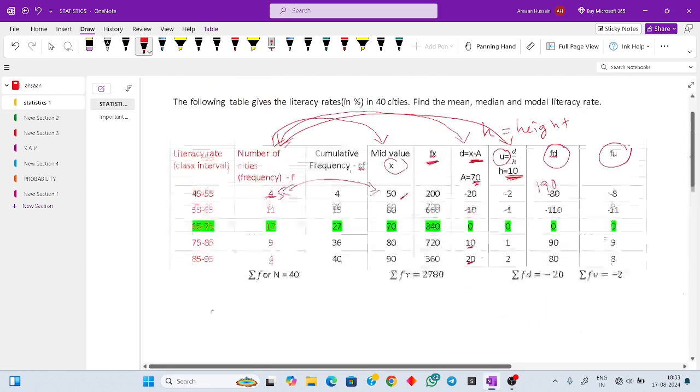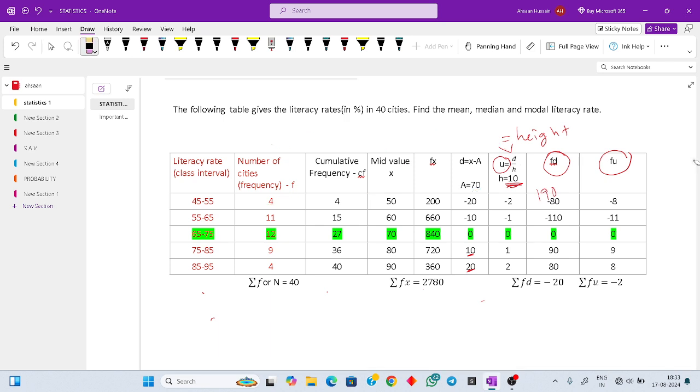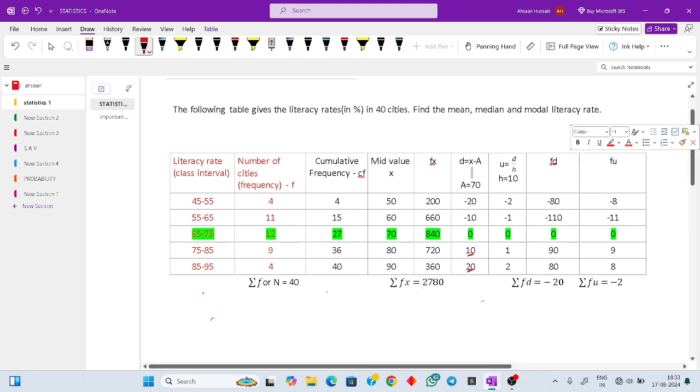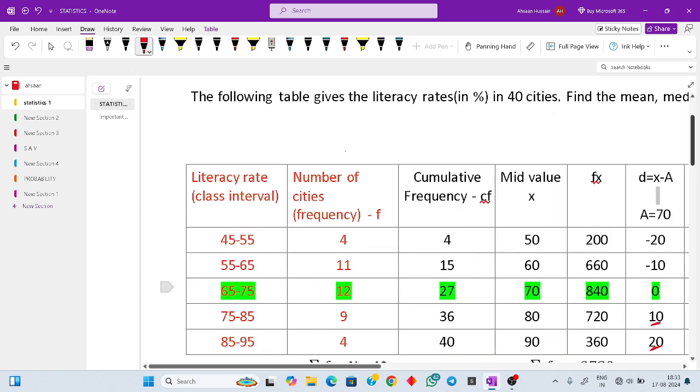Okay. So to find mode, we don't need to create any extra table. Whatever is given in the question is sufficient. This is our question. The data given in red color. So from here we'll obtain our values which will be used in finding mode.